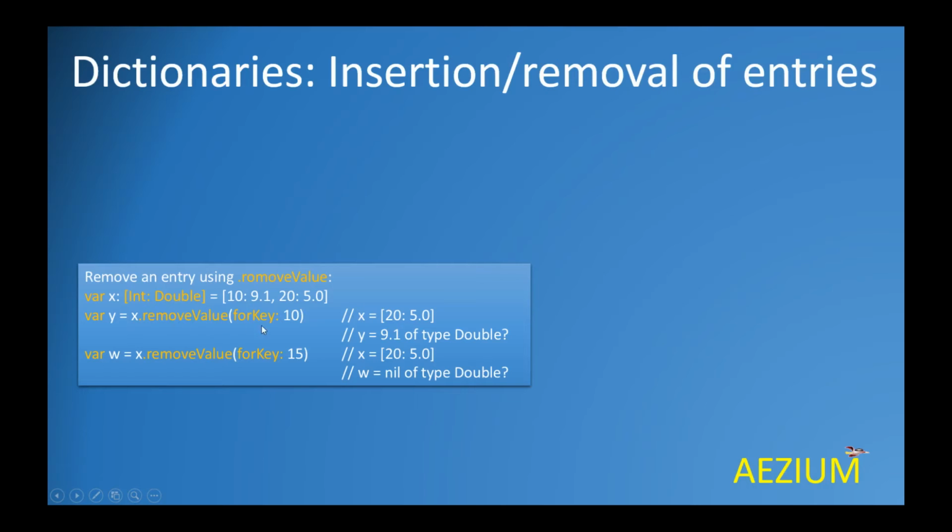We use this syntax: the name of the variable followed by dot removeValue, and inside parentheses we have the label forKey followed by a colon, and then we enter the key of the entry of the dictionary that we would like to remove. The outcome of this would be a new value for X, which is shown here, where we can see that the first entry of the dictionary has been removed.